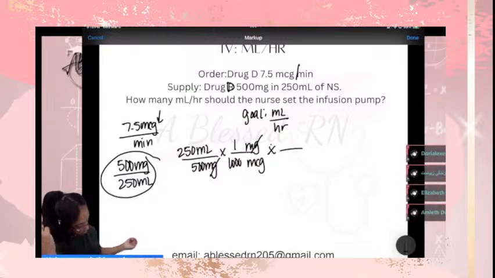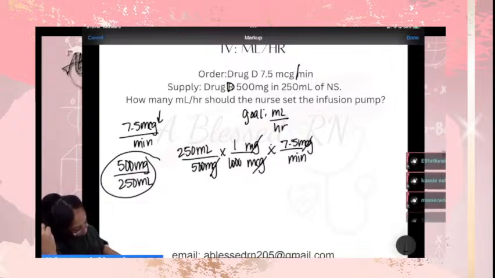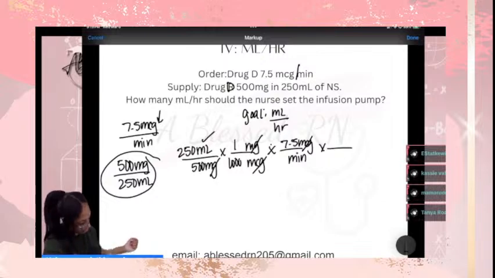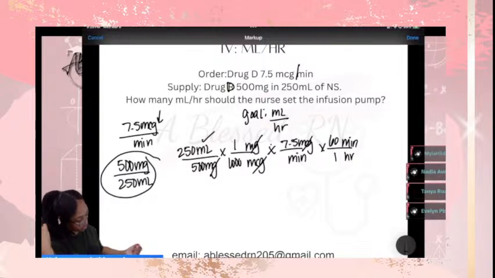All right. So now micrograms. I'll do my 7.5 micrograms per minute. Micrograms cross out, and we have milliliters on the top, but minutes on the bottom. We need hours, so we'll throw our minutes at the top and put our hours at the bottom, and we have 60 minutes in 1 hour.